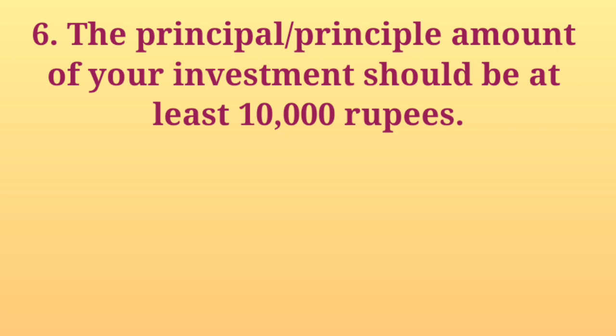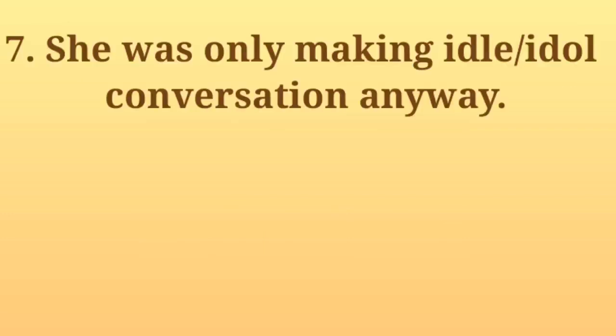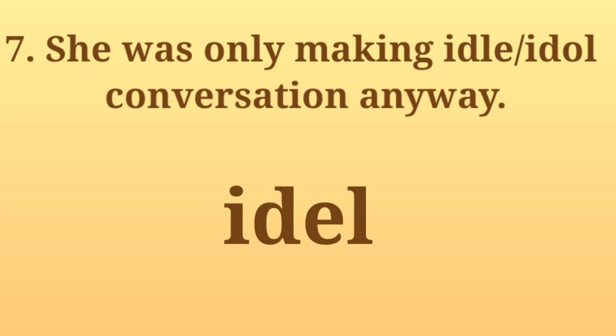So here, which principal would come? Yes, the principal, as it means here main or most important amount. Our next sentence is, she was only making idle conversation anyway. So which idle would come? Yes, idle means useless conversation. So I-D-E-L, idle would come.